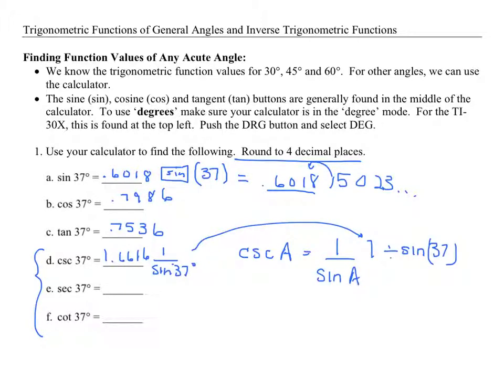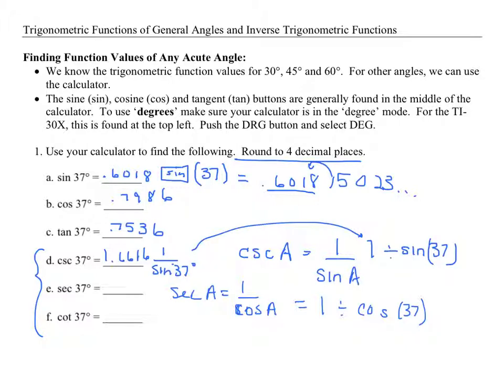Now when we do secant, secant and cosine are related by the secant of some angle A is equal to 1 over the cosine of that angle. So how am I going to do that? Well, that's going to be equal to 1 divided by the cosine of 37.